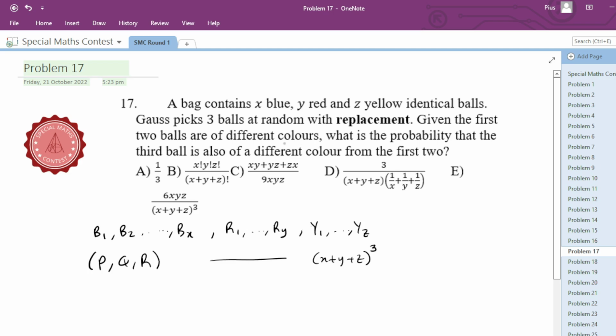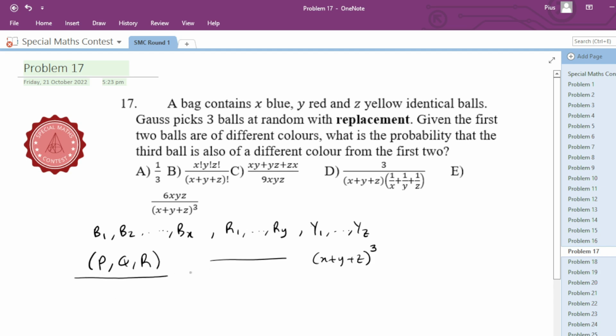But for this problem, we are given a sub-sample space, meaning just a portion of the original sample space is what we're actually considering before we compute the probability. What we're given is that the first 2 balls are of different colors.